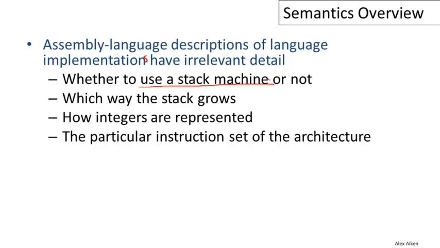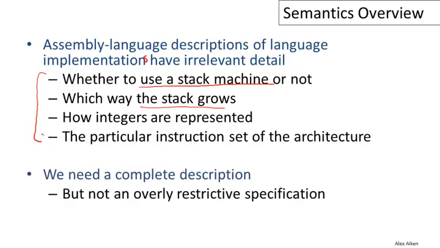Which way the stack grows, whether it grows towards high addresses or low addresses, you could implement it either way. The exact representation of integers, the particular instructions that you use to implement certain language constructs. All of these things are one particular way to implement the language, but we don't want them to be taken as the only way that the language could be implemented.